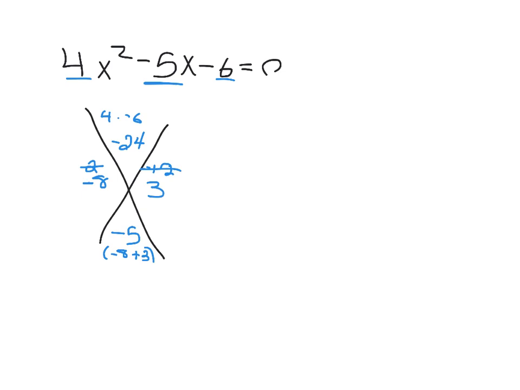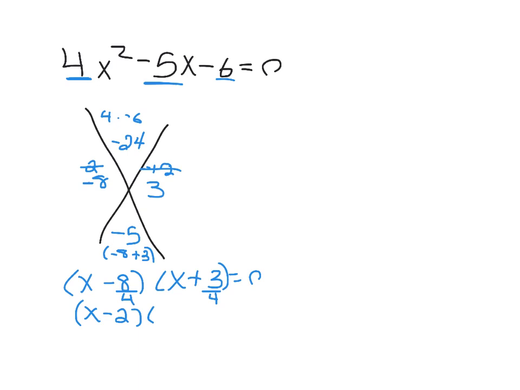So now I'm going to go x minus 8 and x plus 3. The only other thing is that I had a number in the front. If you have a number in the front, you have to divide by 4. If it will divide, you're good. So here, this is x minus 2.